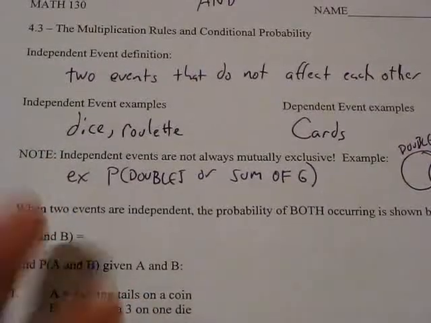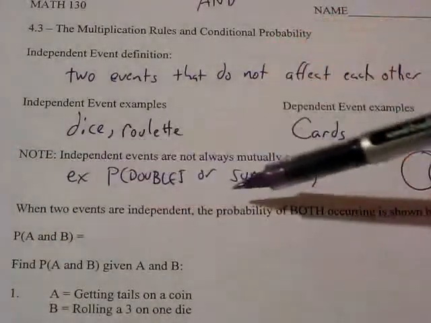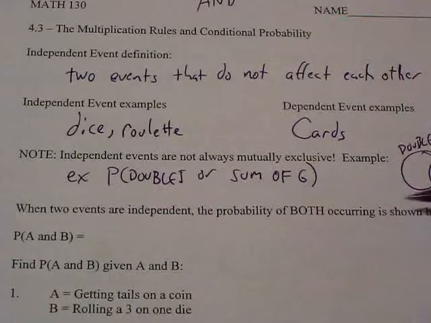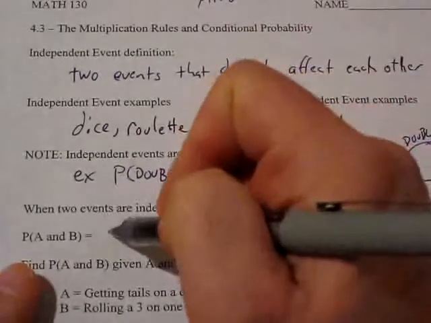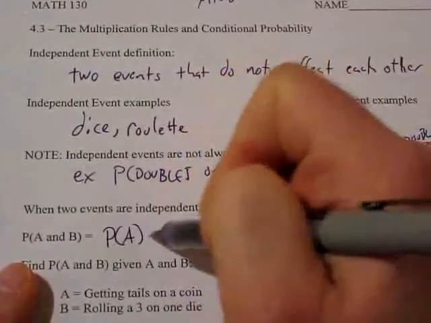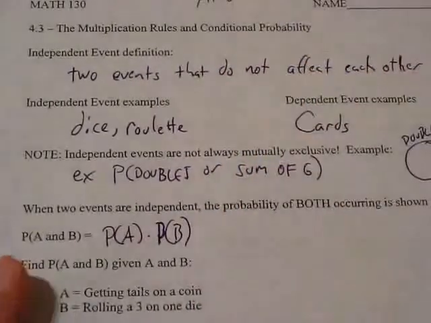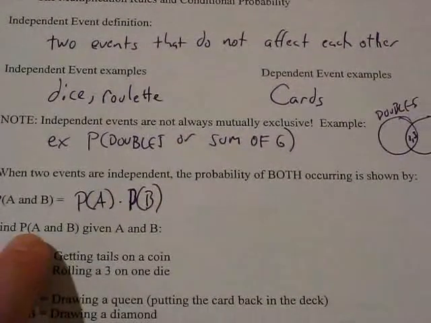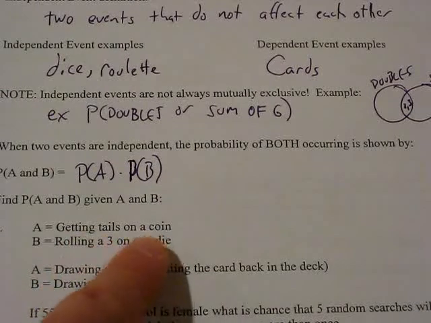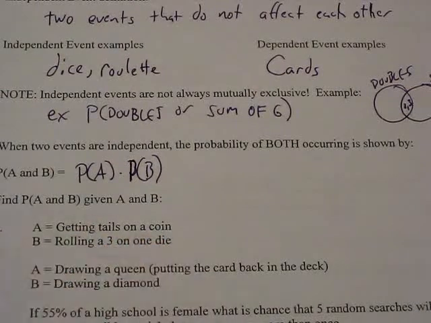Now we're going to move to when two events are independent: the probability of both of them occurring is shown by multiplying the probability of A times the probability of B. Now, we're going to find the probability of A and B, given that A is getting tails on a coin and B is rolling a 3 on one die.